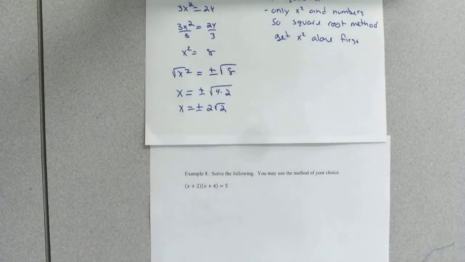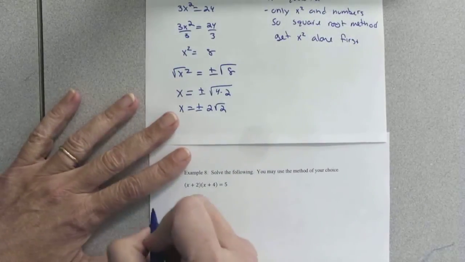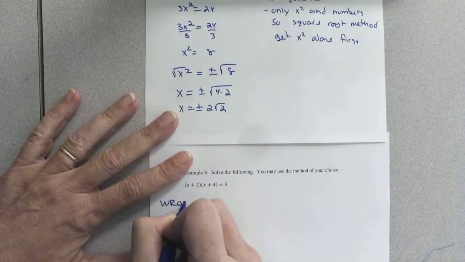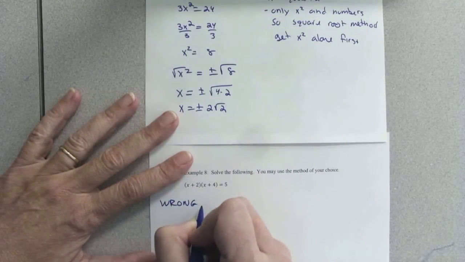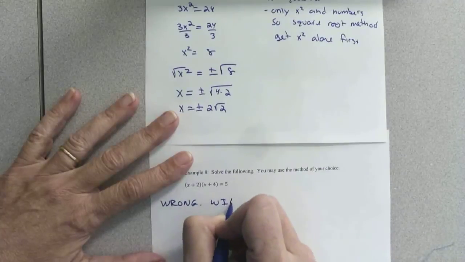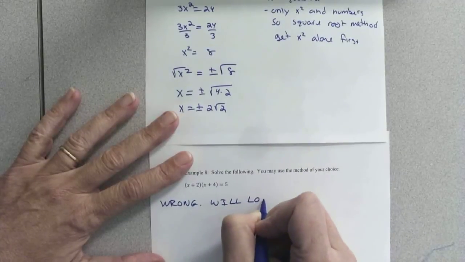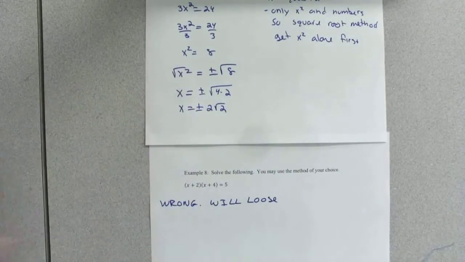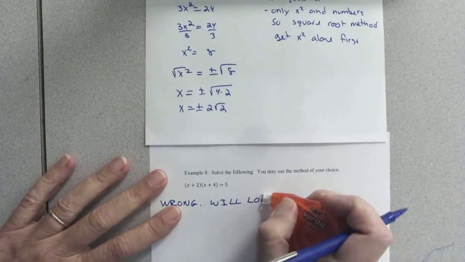Solve the following. You may use any method of your choice. And there will be no points. Totally wrong. Will lose, is that lose or lost? Loose. That's loose.